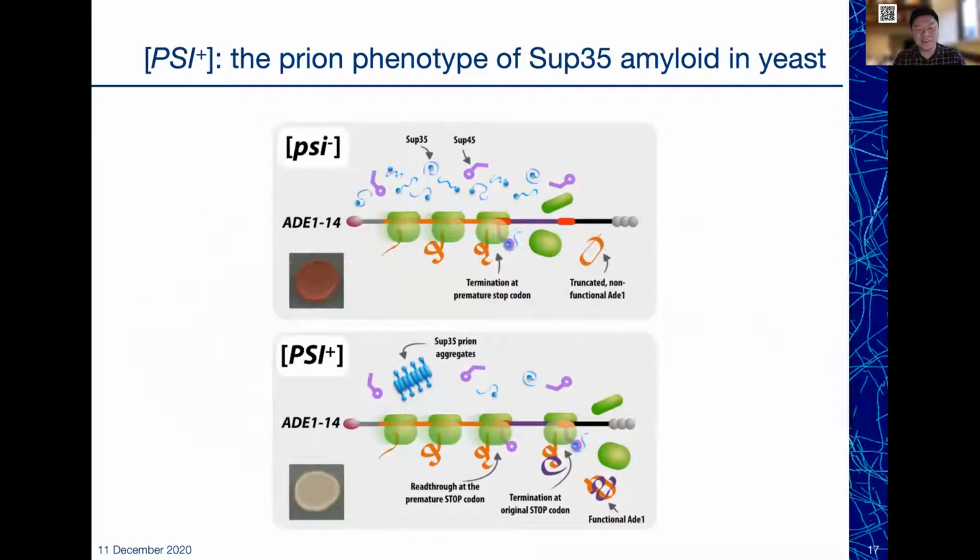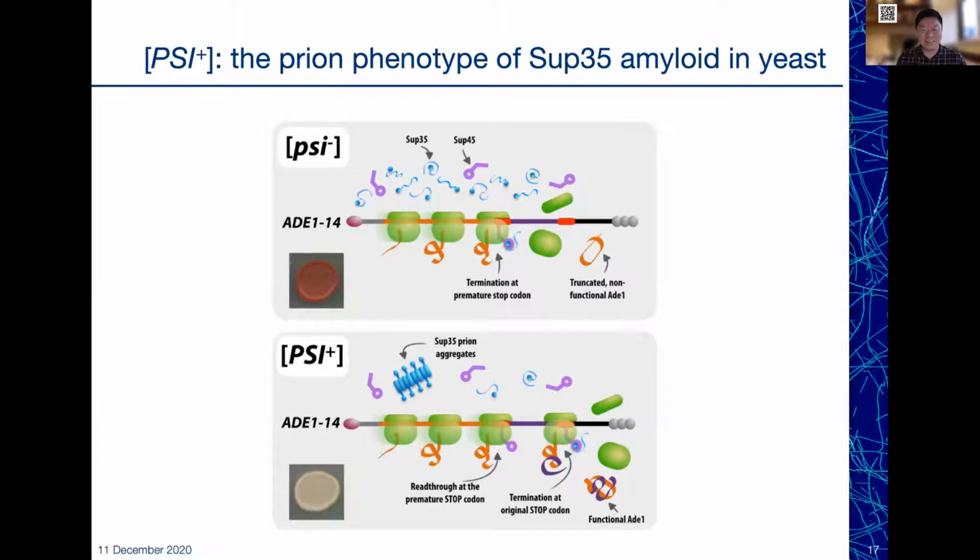The yeast prion we're using is the amyloid form of a protein called Sup35. When the protein is in its amyloid form, it gives you a prion phenotype, in this case psi plus, and attached to it is a colorimetric change in the cells.